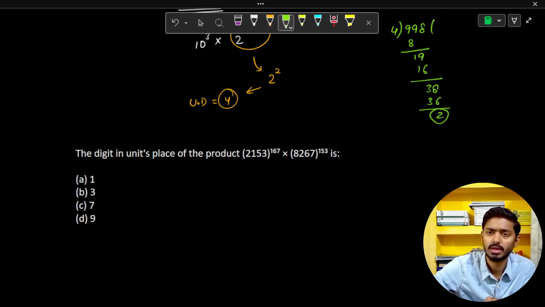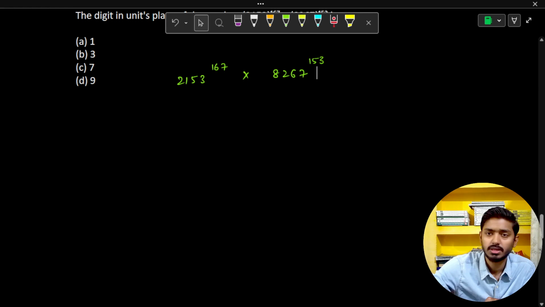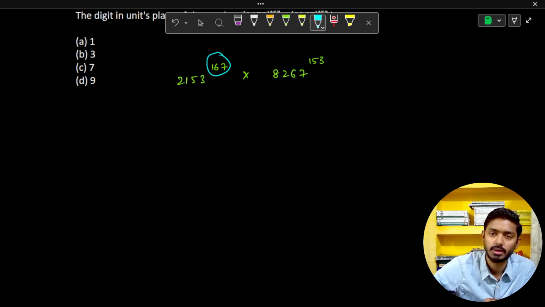We are asked to find the unit place digit for the given number 2153 to the power 167 times 8267 to the power 153. What we do is we try to find the unit digit individually. We divide 167 by 4, we get remainder 3, right?